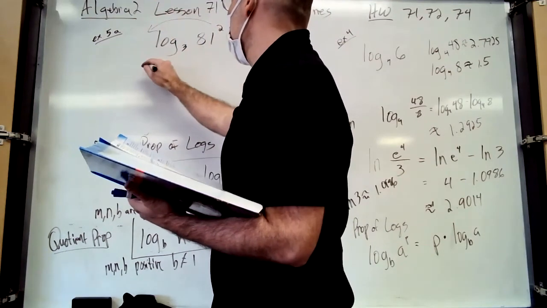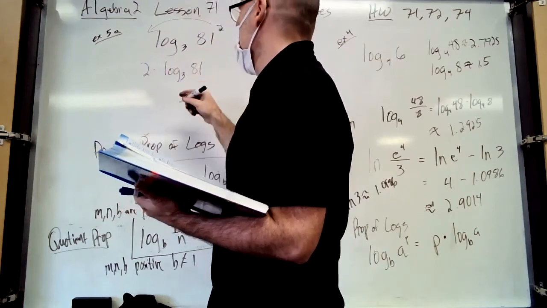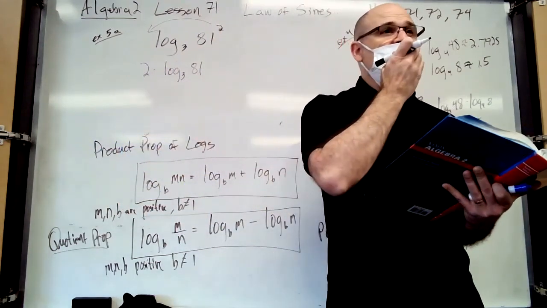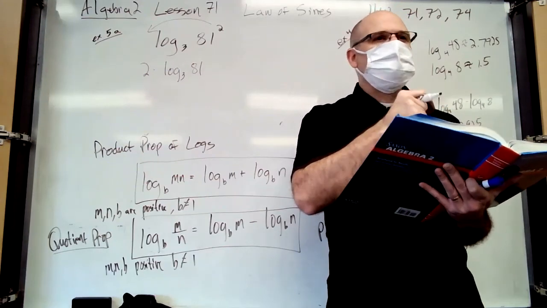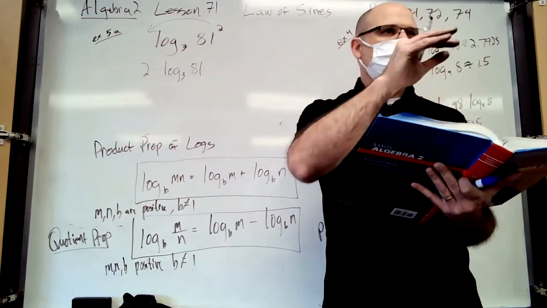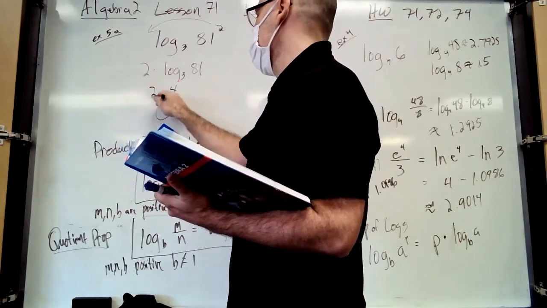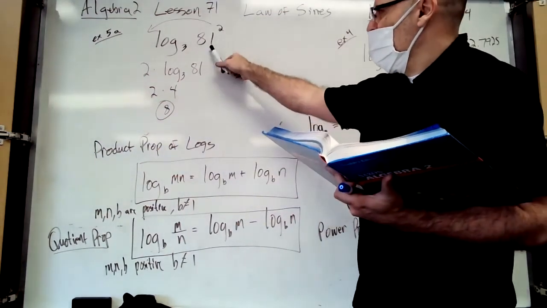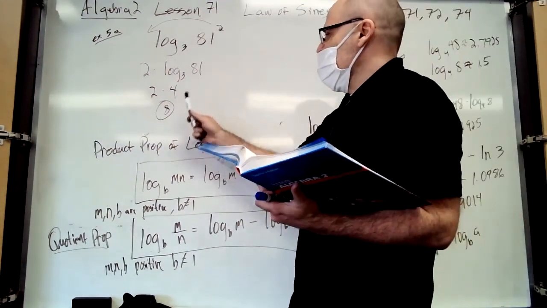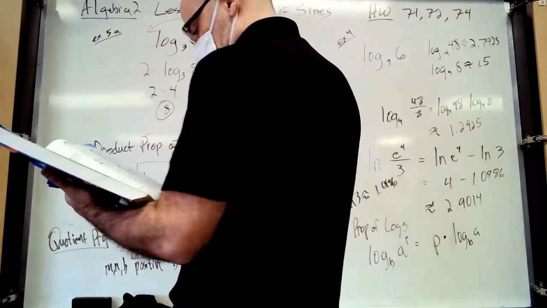So this becomes 2 times log base 3 of 81. What's log base 3 of 81? Not 3. So 3 to the 3rd power is 27. So one more 3. So this is 2 times 4, which is 8. I love that because this looks confusing, but the answer is just 8. It's exciting. Okay, what about this?